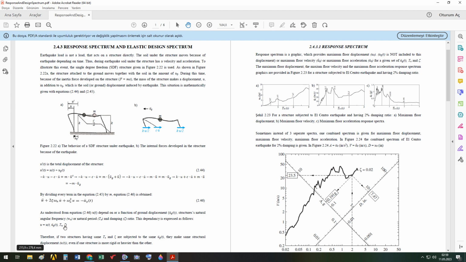So if two structures have the same Tn, damping ratio, and ug(t), they will make the same structural displacement u(t).